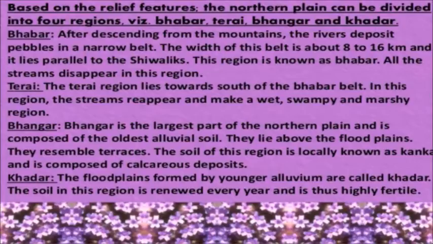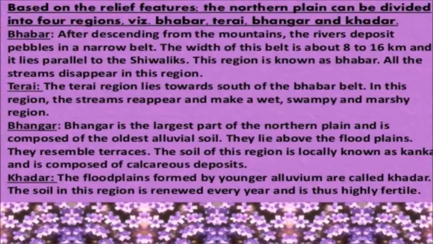It is not true. These vast plains also have diverse relief features. We have different forms of land over here, not even plains. So the northern plain can be divided into four regions.